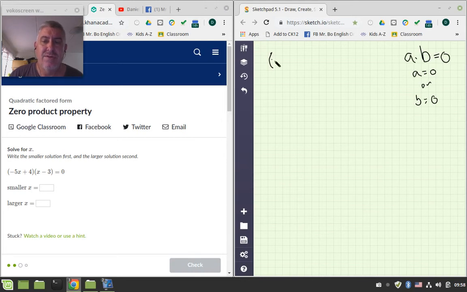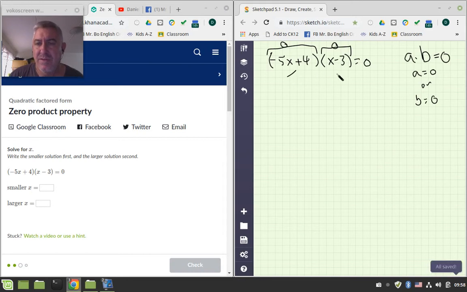So when we have an equation like this, negative 5x plus 4 times x minus 3 is equal to 0, then we know this part is 0 or this part is 0.